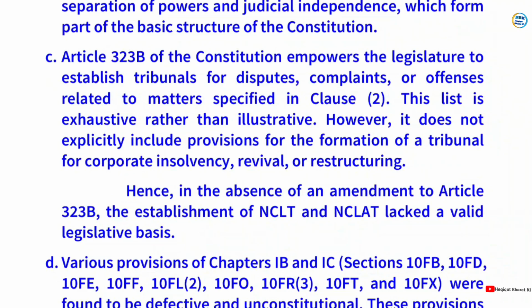However, it does not explicitly include provisions for the formation of a tribunal for corporate insolvency, revival, or restructuring. Hence, in the absence of an amendment to Article 323B, the establishment of NCLT and NCLAT lacked a valid legislative basis.